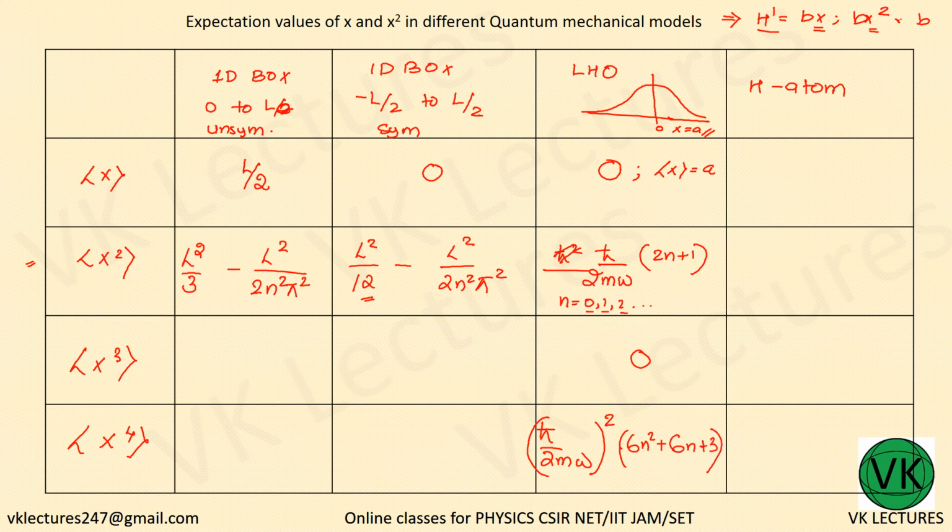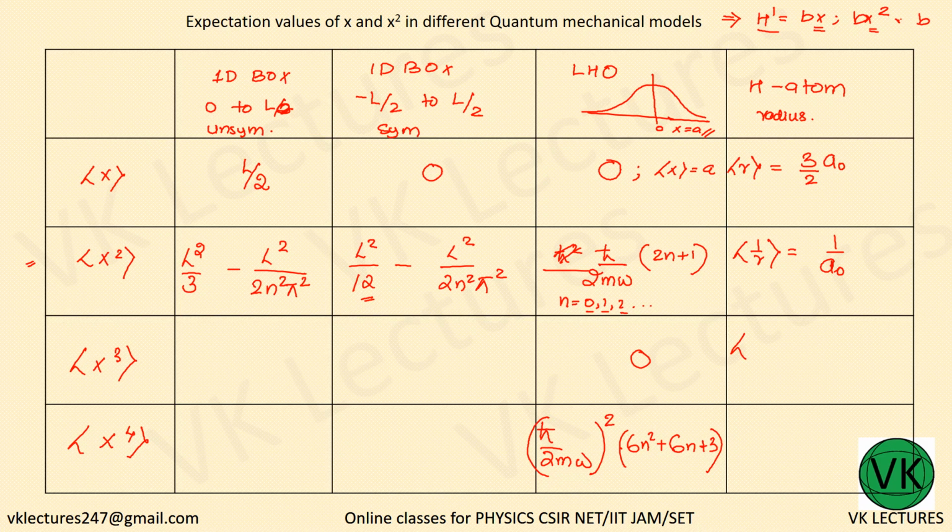So this is another formula. Then for hydrogen atom, we have radius instead of x. So I will write expectation value of r is equal to 3 by 2 a naught. Expectation 1 by r is 1 by a naught.